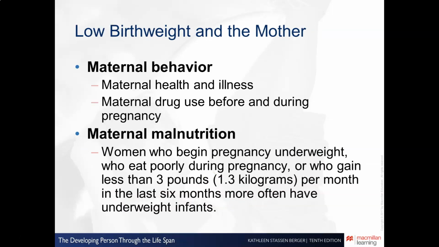Okay, so we're going to take a look at low birth weight and the mother. First of all, there's maternal behavior. The mother's health, illness, and drug use before and during pregnancy can all affect the baby's birth weight. Another thing is maternal malnutrition, or the mother not adequately receiving nutrition. That can definitely affect the birth weight of the baby as well.